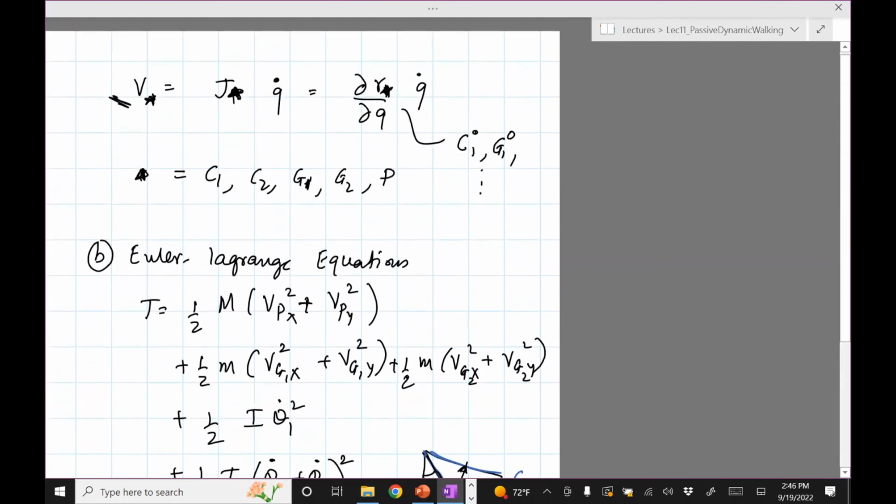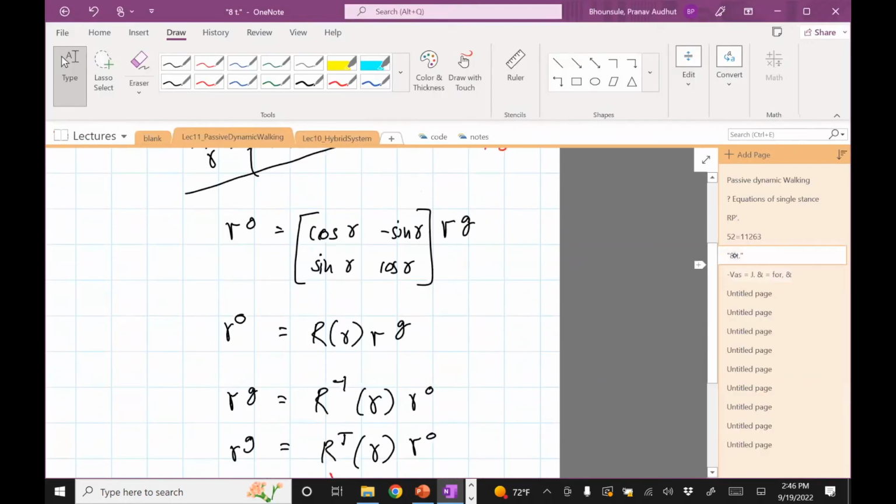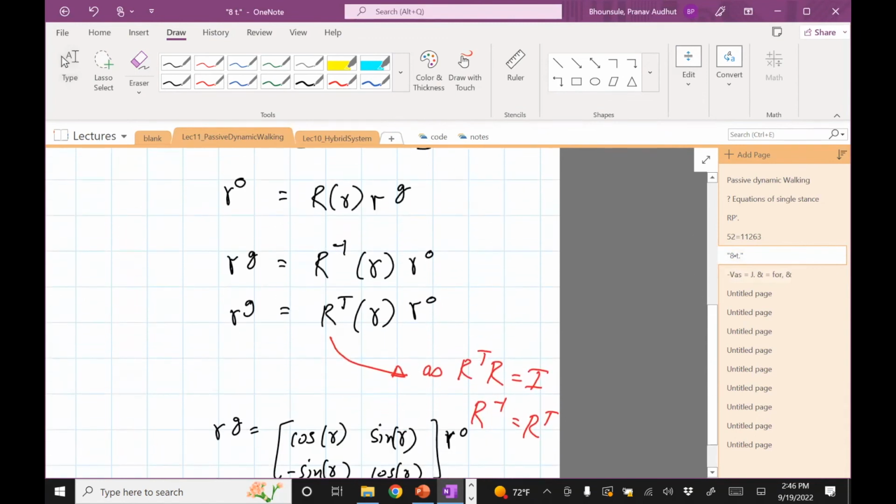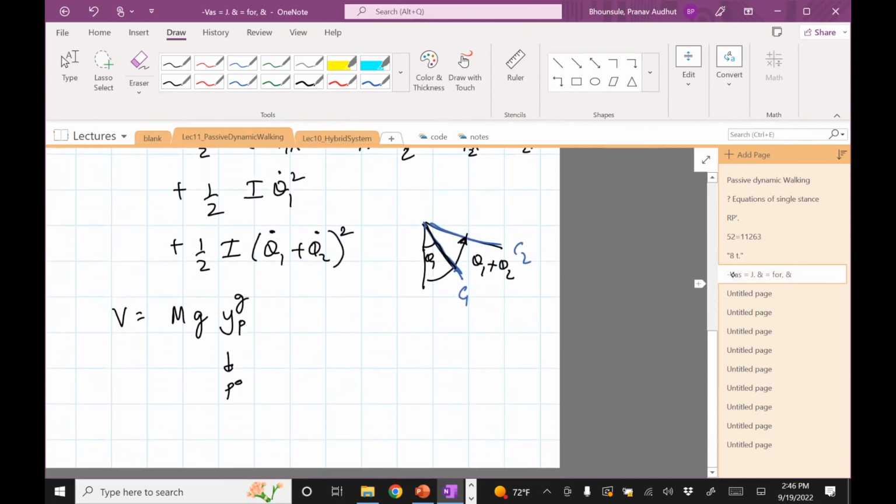If you want to compute position in the global frame, the ground frame, then you need to use this transformation: R of minus gamma, or R transpose of gamma, times P0. This will give you P in frame G. Again, it'll have X, Y, Z. You only need to pick the Y component and put it there.